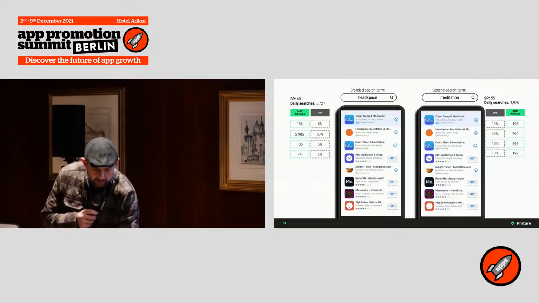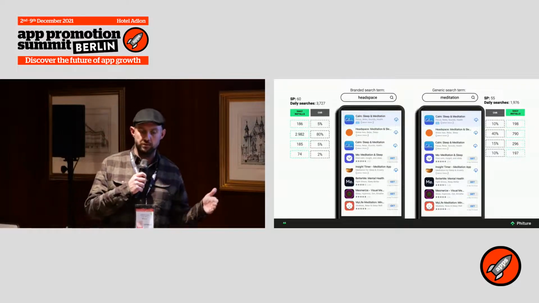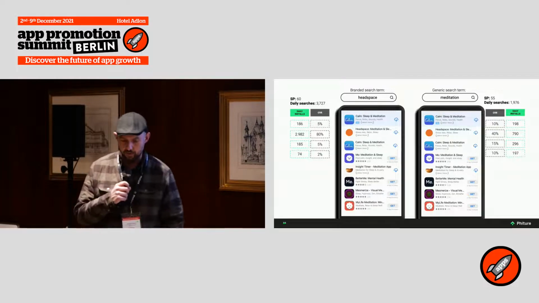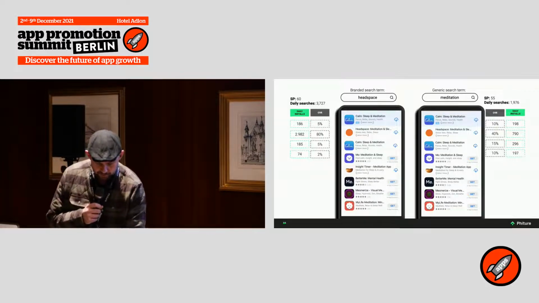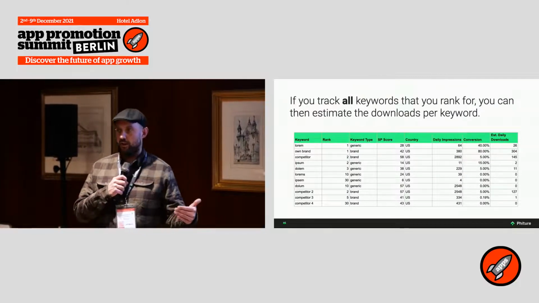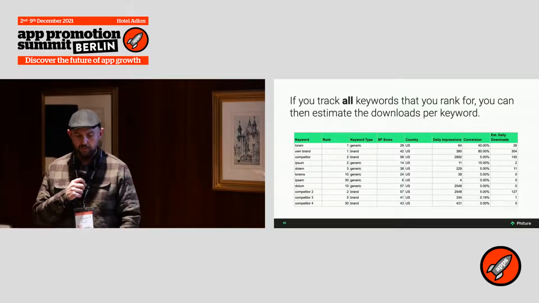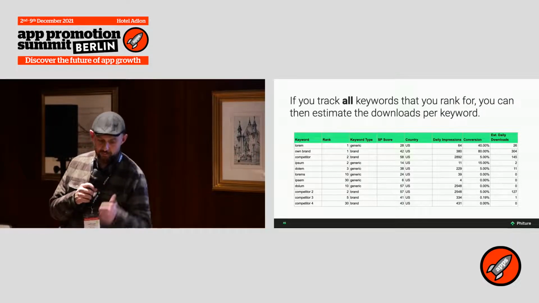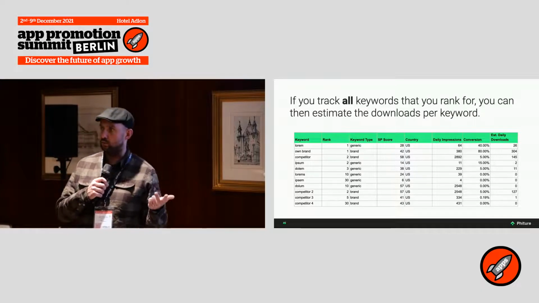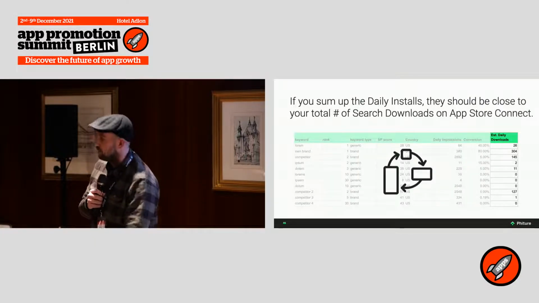And if we then multiply that by the estimated conversion rate of each of those results, we see the daily number of estimated installs on each of these apps. And if you start tracking this for all of the keywords that you rank for, and you have the estimated daily downloads for each based on the keyword type, the search popularity score, and the conversion rate estimation, you land at the estimated daily downloads.